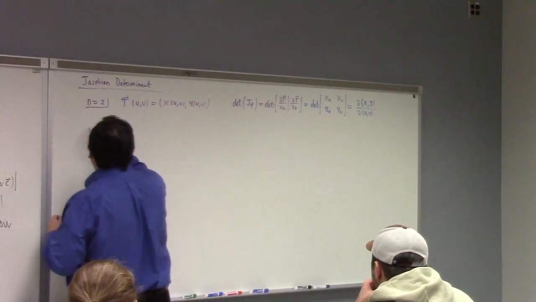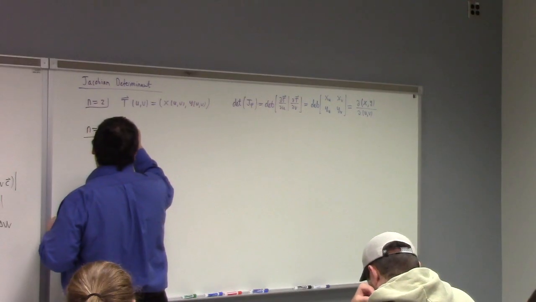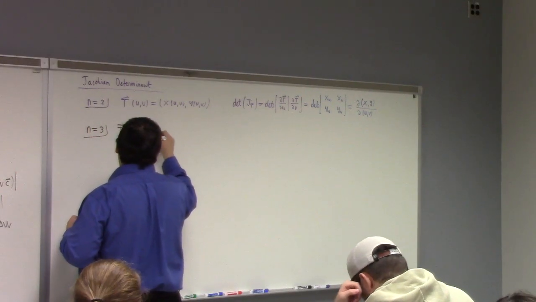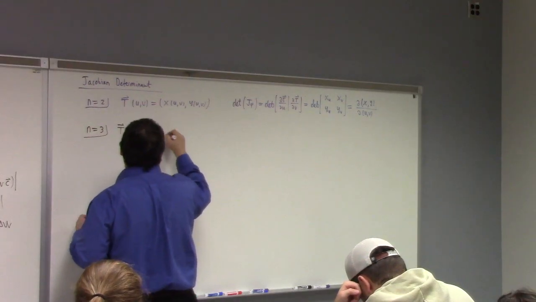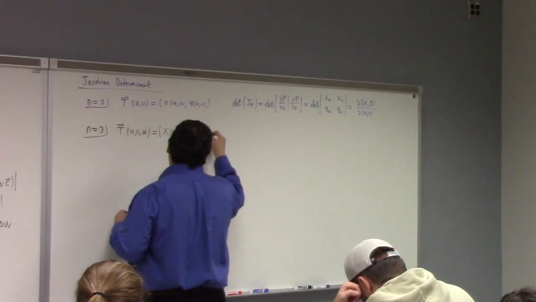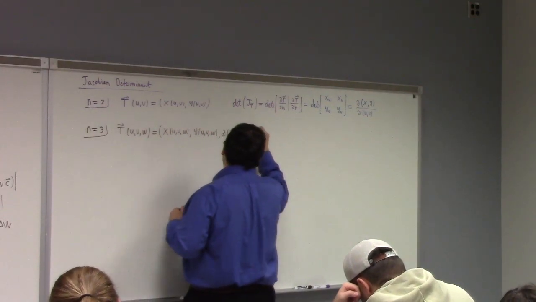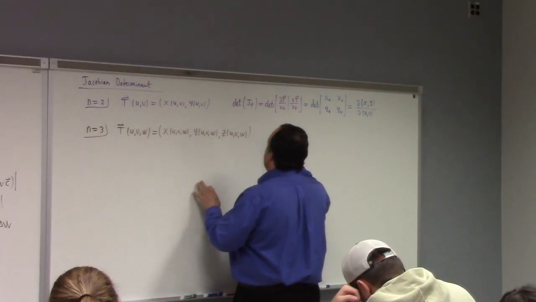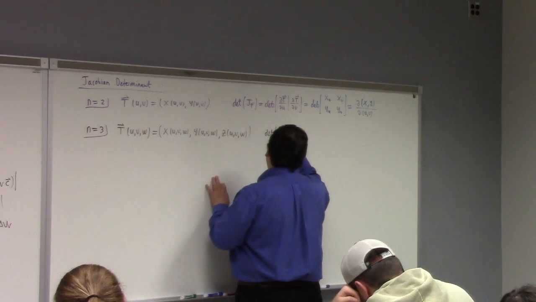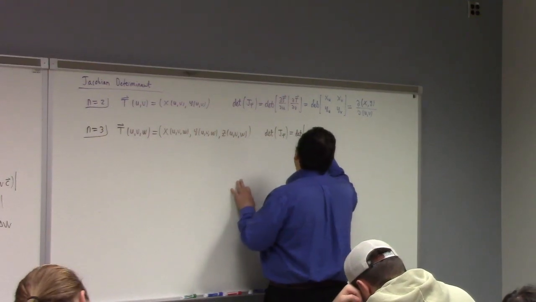So, I mean advanced calculus, I suppose, but if we have a three-dimensional transformation u, v, w, we've got x, which is a function of u, v, and w, y, which is a function of u, v, and w, z, which is a function of u, v, and w. Then the determinant of the Jacobian of T is a 3 by 3 determinant.